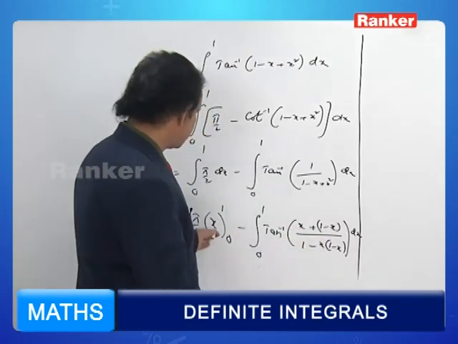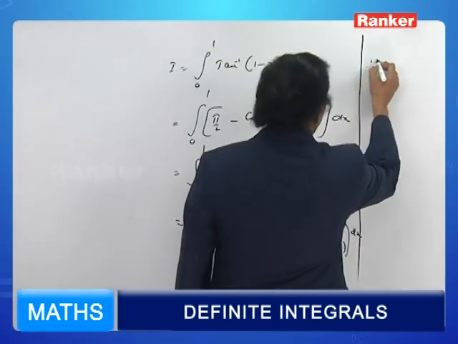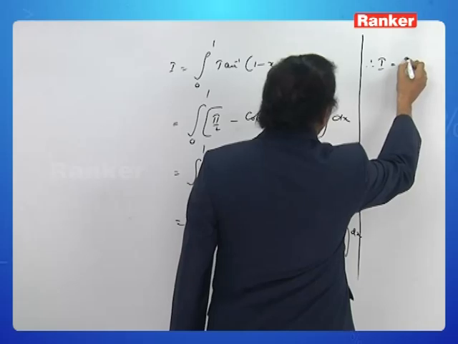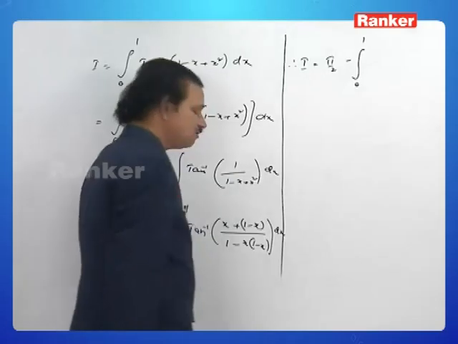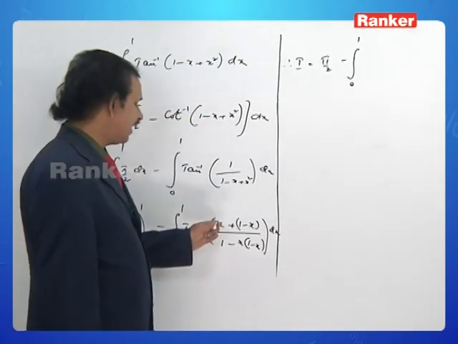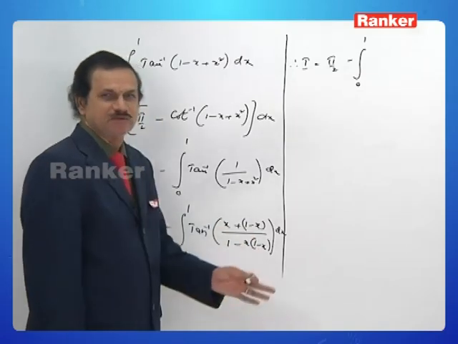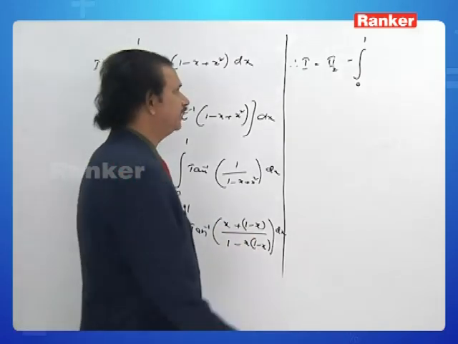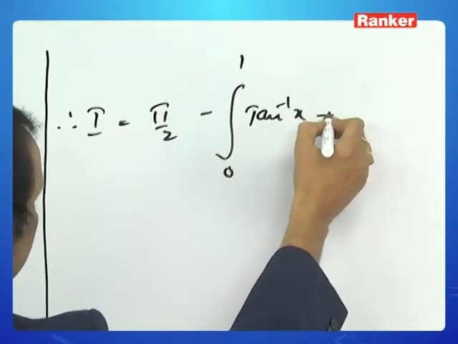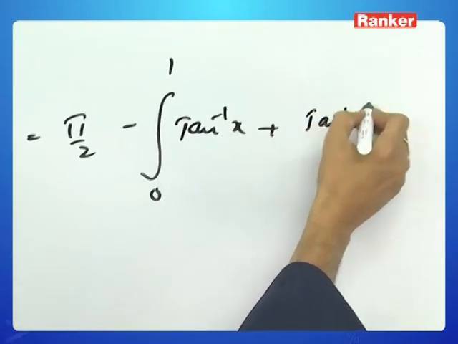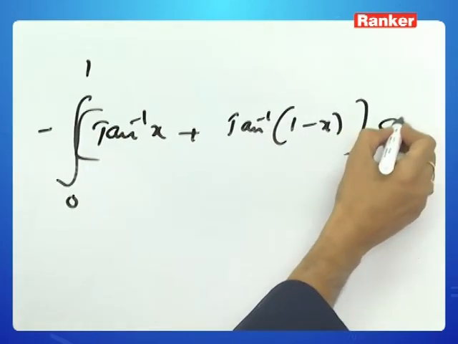Between 0 and 1 it is 1, therefore I is equal to pi by 2 minus integral 0 to 1. You observe, tan inverse of (A plus B) by (1 minus AB) is nothing but tan inverse A plus tan inverse B. Hence this is tan inverse x plus tan inverse (1 minus x) dx.